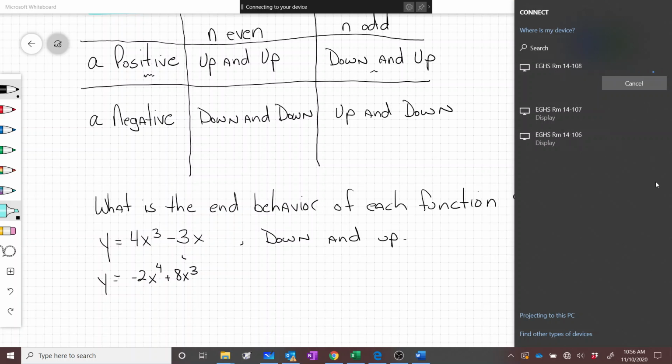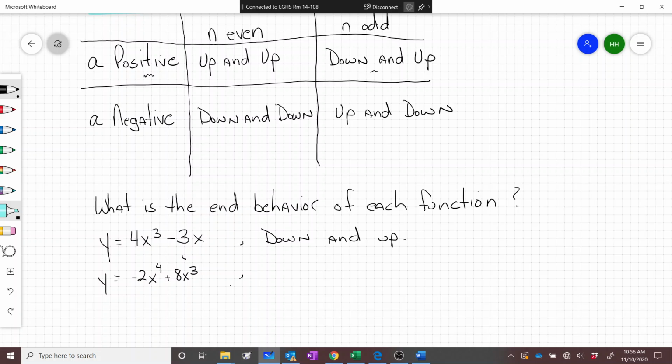Your a is negative and your exponent is even. What do we got for that? A is negative, exponent is even. Down and down. Good.